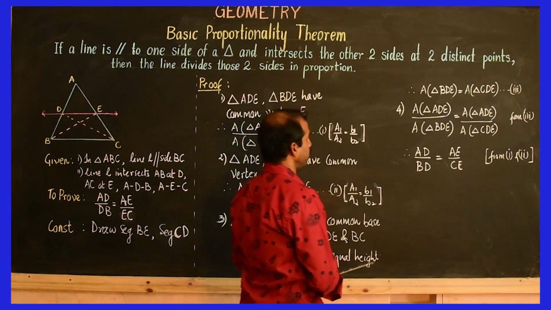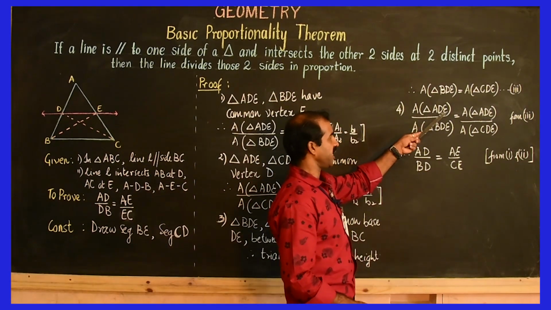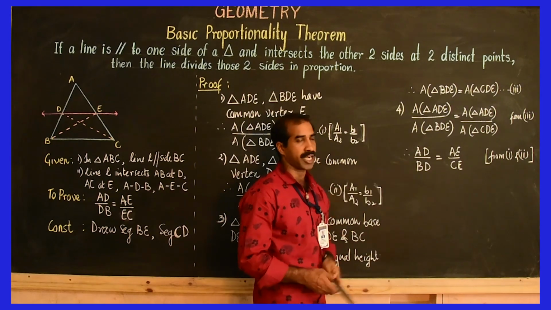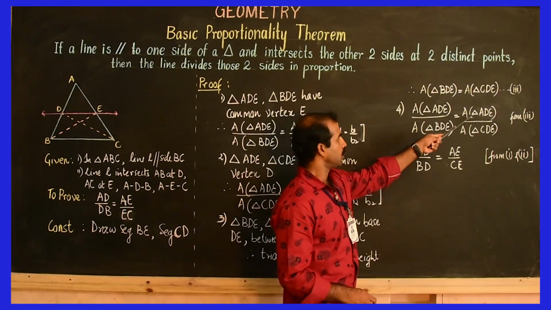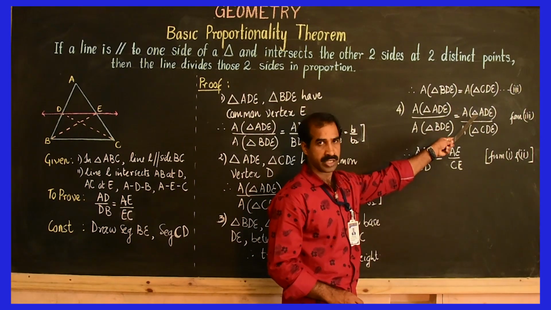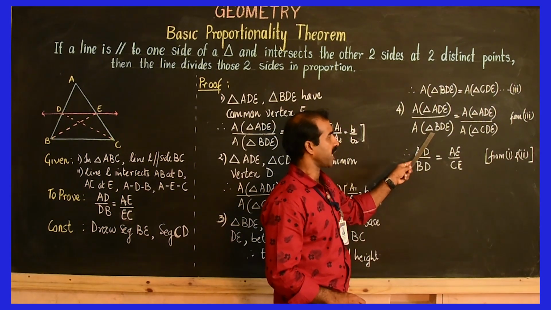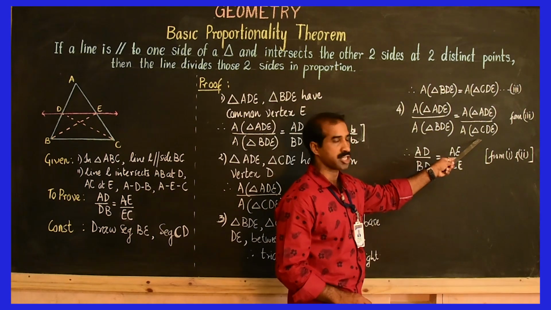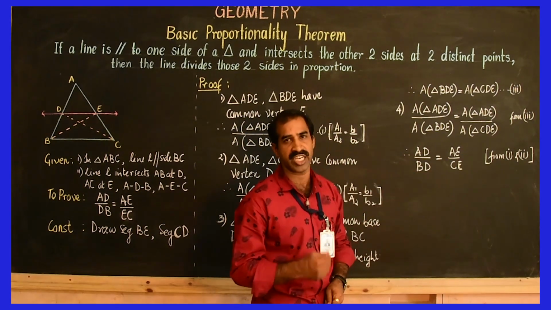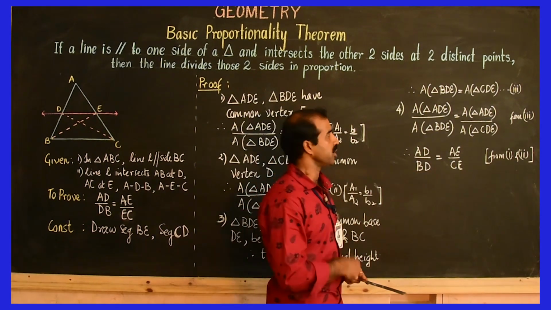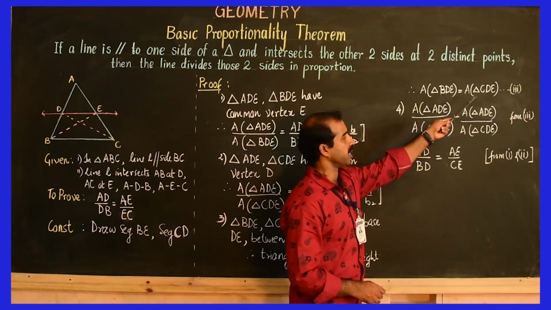Now point number 4, area of triangle ADE upon area of triangle BDE equal to, the numerator as it is, that is area of triangle ADE. Instead of area of triangle BDE, we can substitute area of triangle CDE, from equation 3, as we have got both the areas equal.